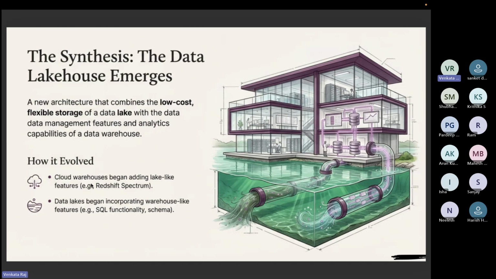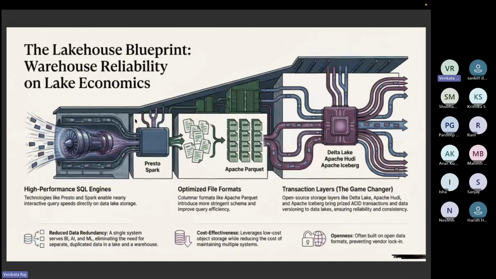So if you see how it evolved, we are going to use some file formats, and we will talk about it later also. We will have the data in data lake, which is in file formats. On top of that, we have some programming languages like Spark.